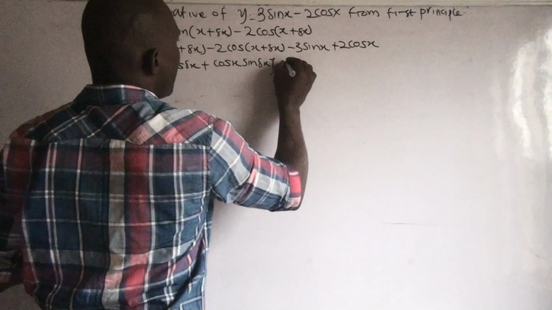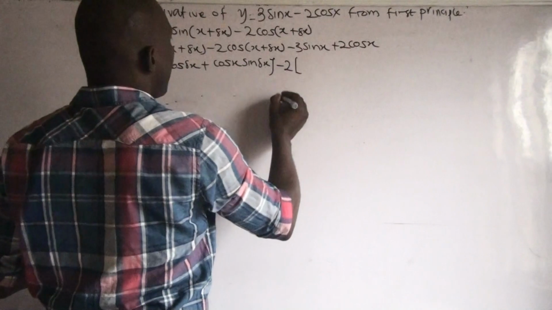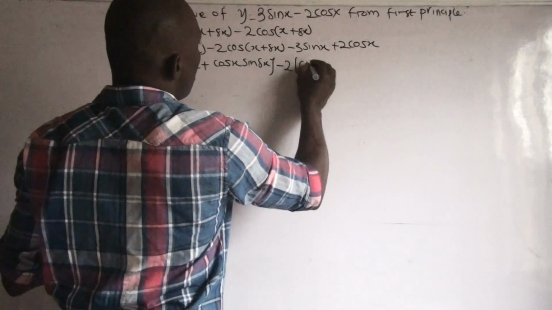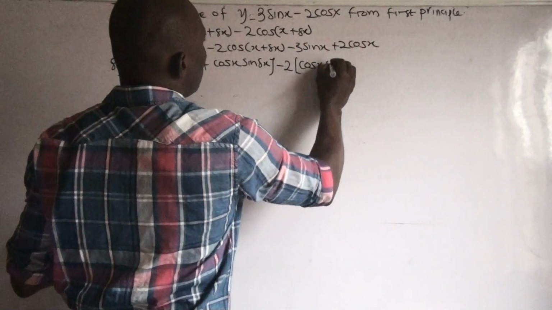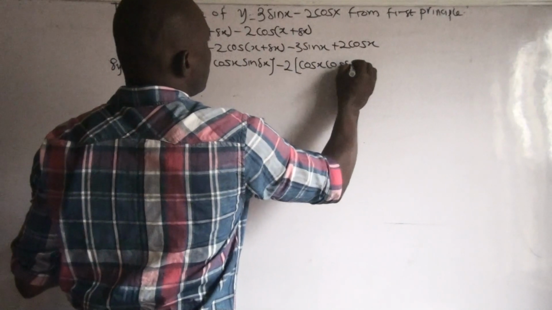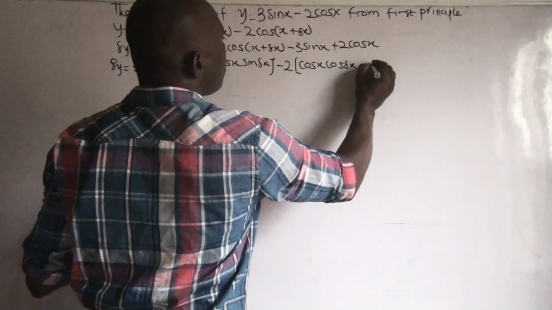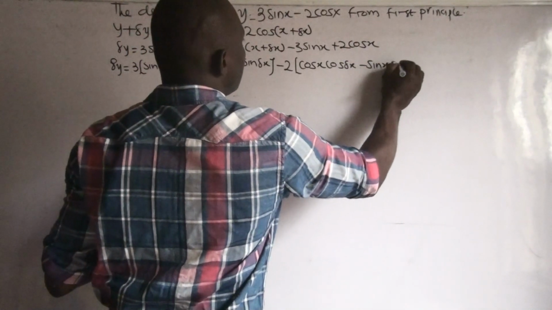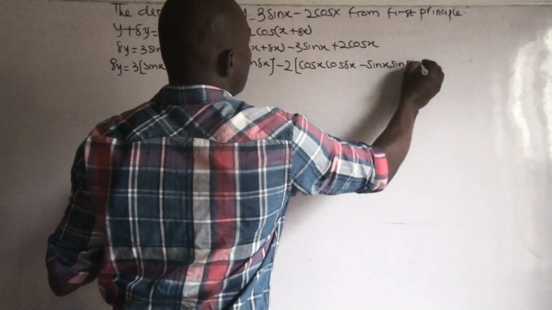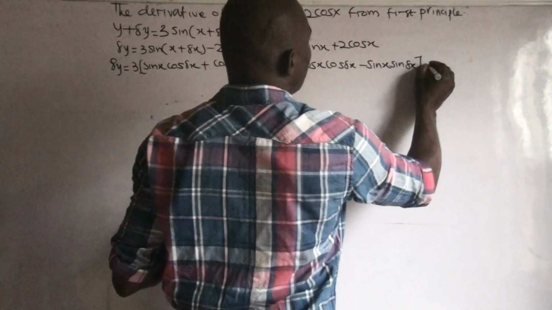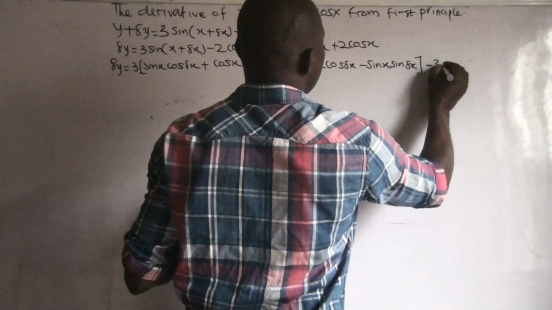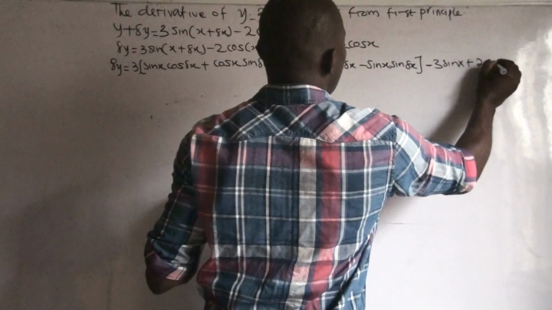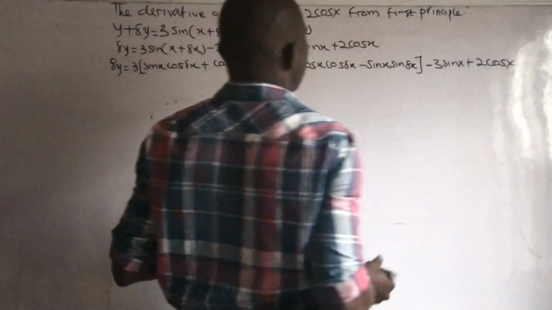Then minus 2 open bracket, for cos(x plus delta x) becomes cos x cos delta x minus sin x sin delta x. Close our bracket, minus 3 sin x plus 2 cos x.